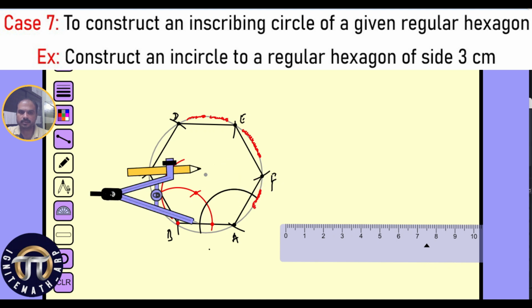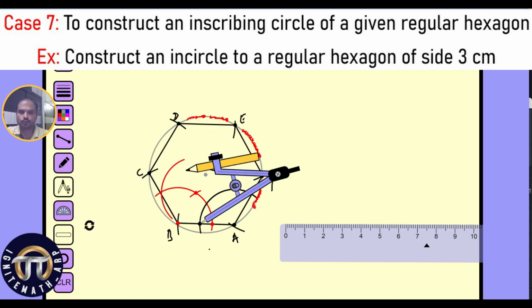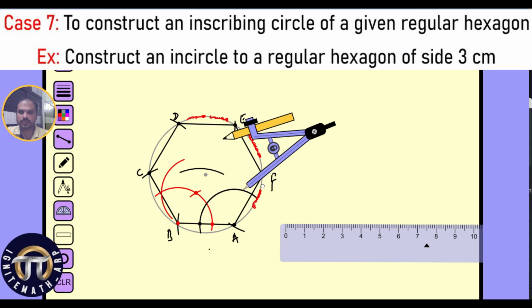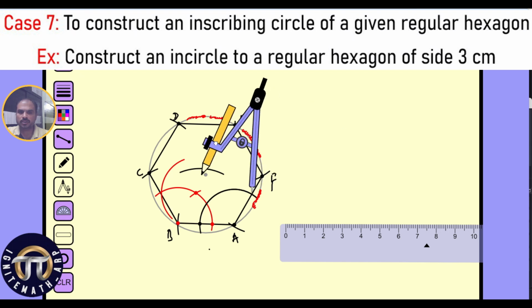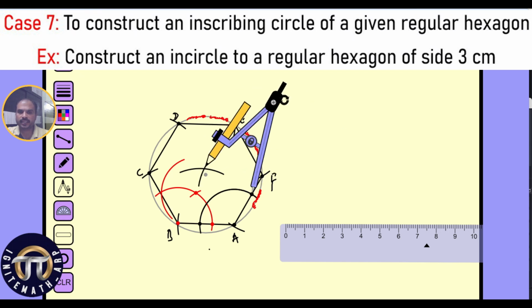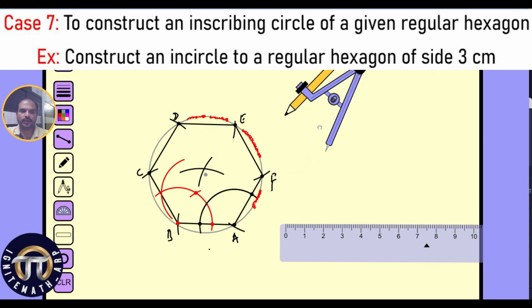After bisecting angle A, you can choose any other non-opposite angle. The angle you choose should not be the opposite angle. Clear, children? Over here, this is the angular bisector of A.